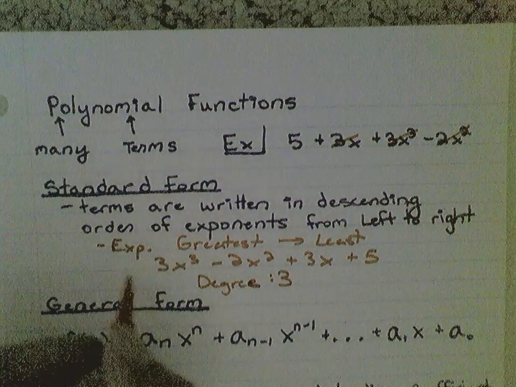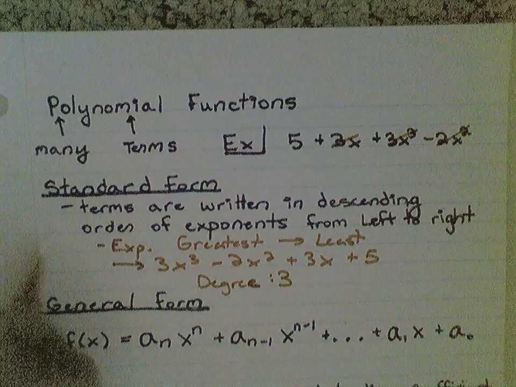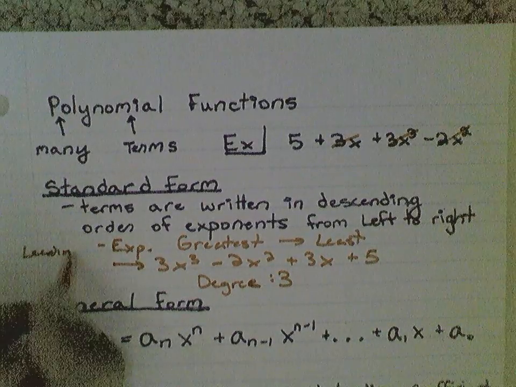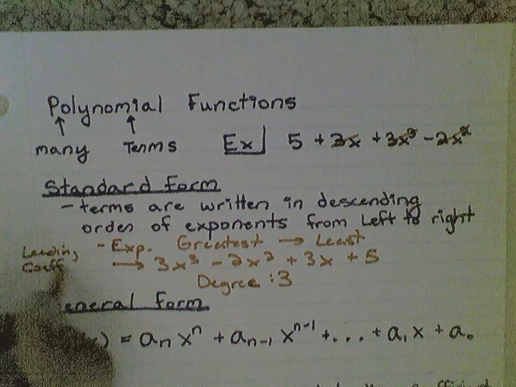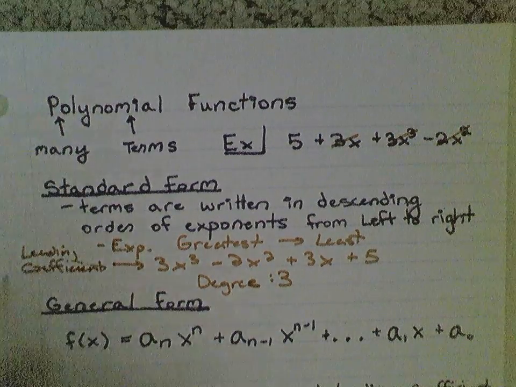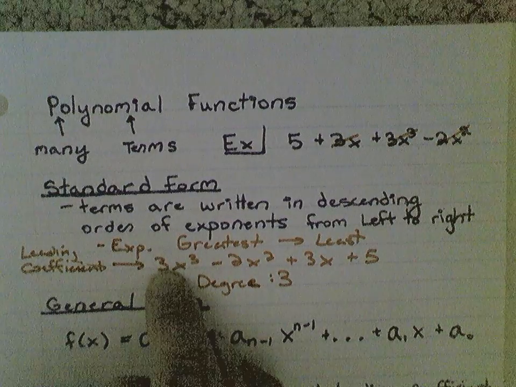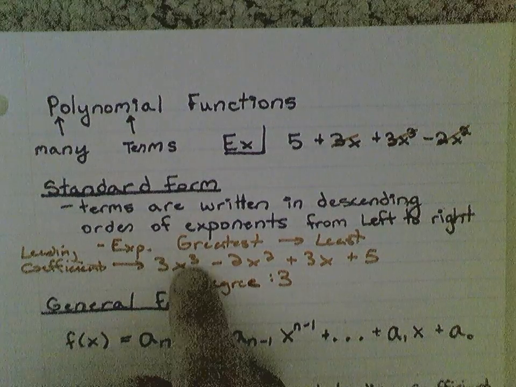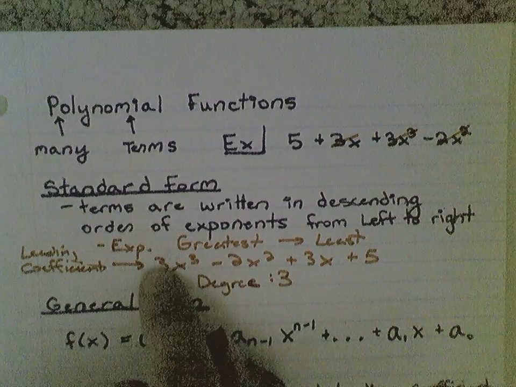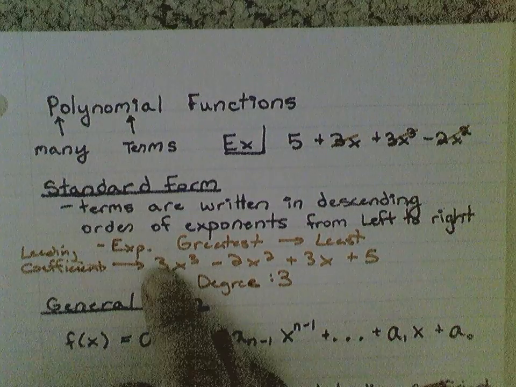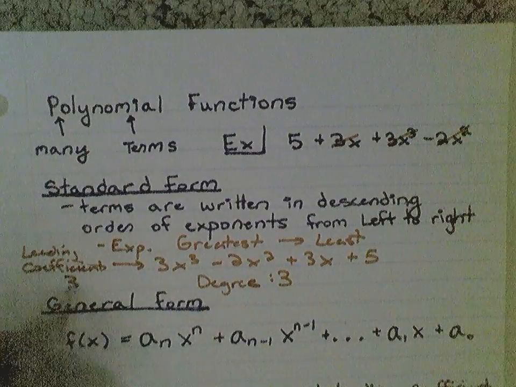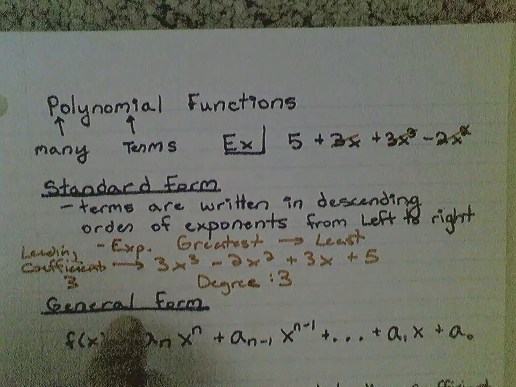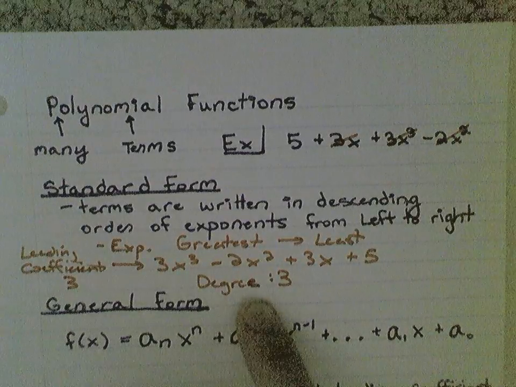And then we would also say something about its leading coefficient. The leading coefficient is the coefficient on the greatest power. In this case, the leading coefficient is on this x to the third, and once again that is 3. So we have a leading coefficient of 3, and it's also degree 3.